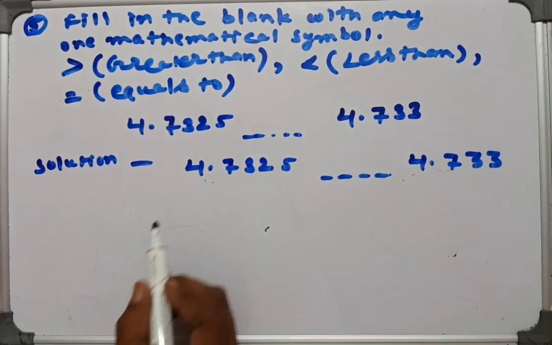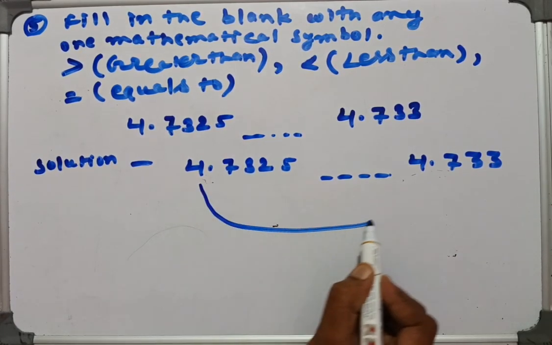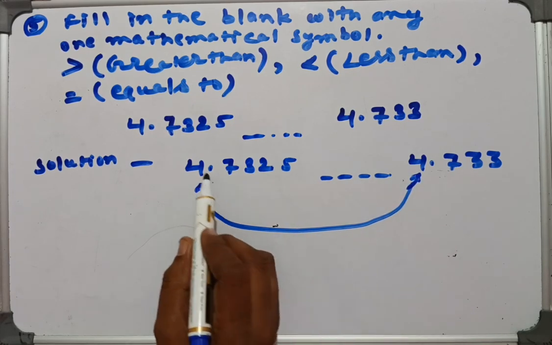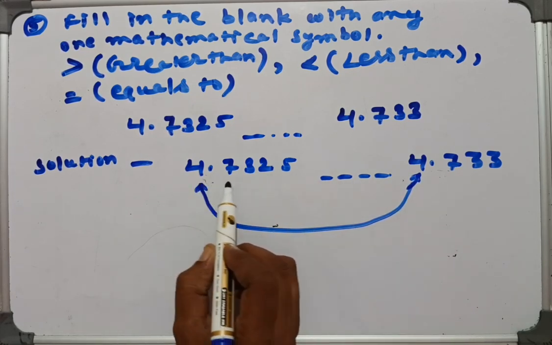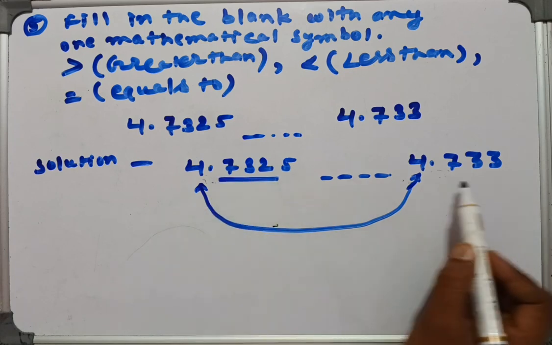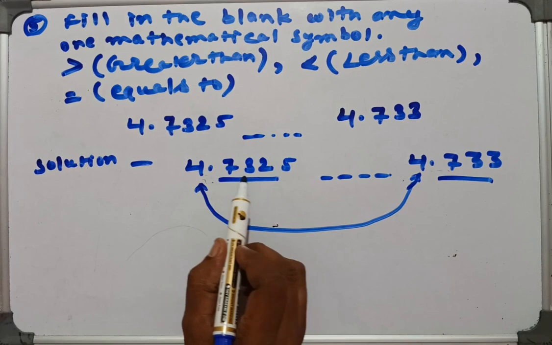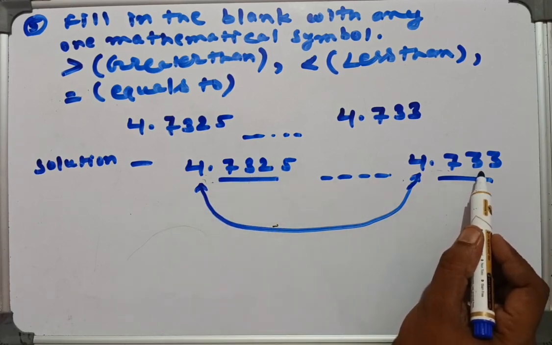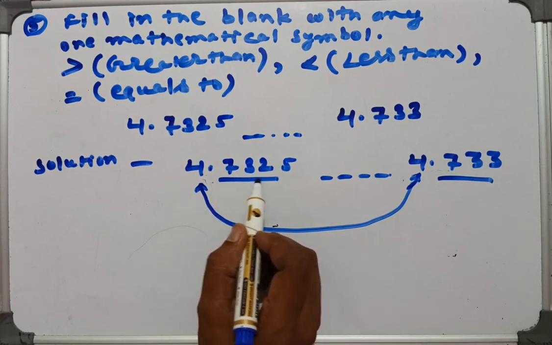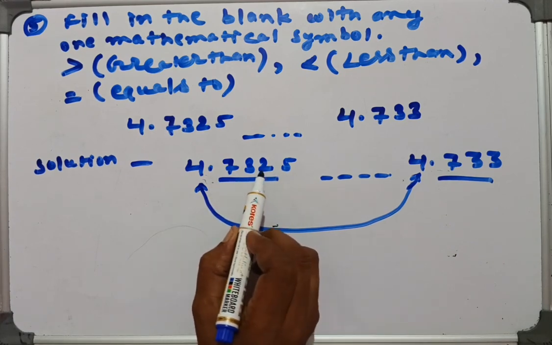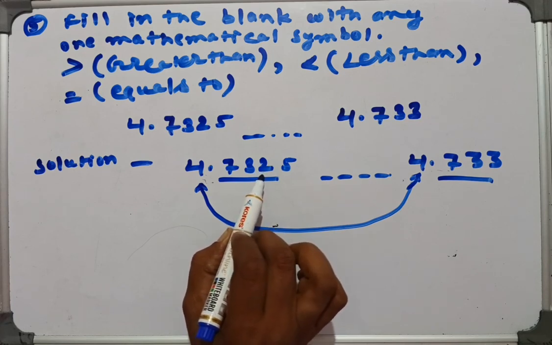4.733. Okay guys, see here, this number and this number is same, then we have to compare the decimal part. In this decimal part, 73 is common, so next we have to compare the third decimal places.